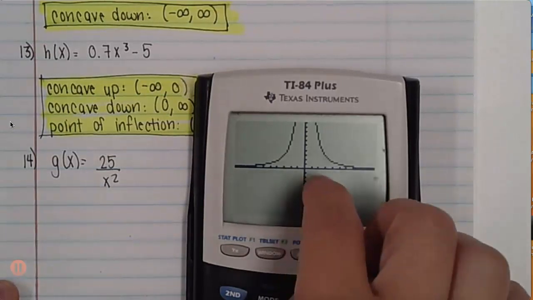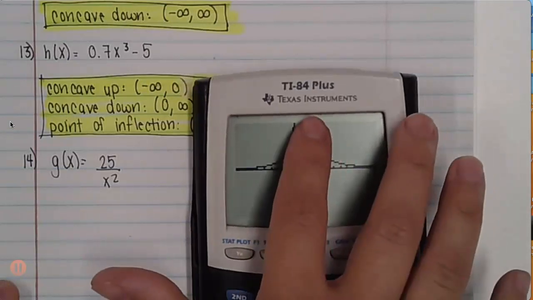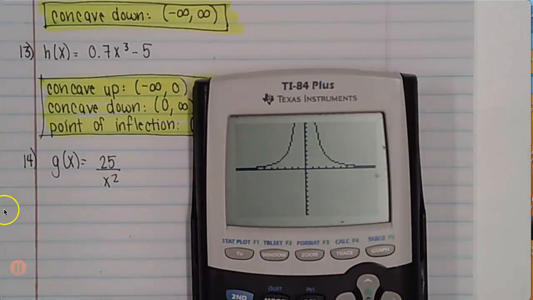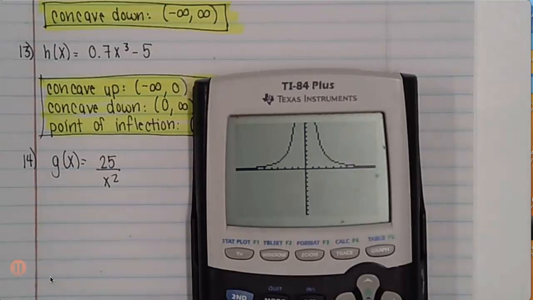Okay, it appears to be concave up from negative infinity to 0 and concave down from 0 to infinity. This appears to be a vertical asymptote, so the function is discontinuous at x equals 0, which means there is no point of inflection.